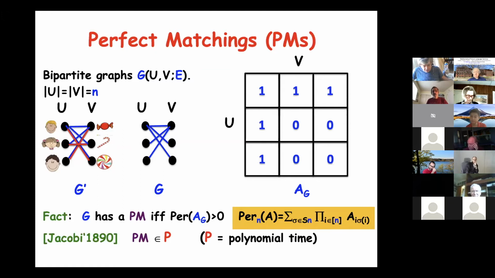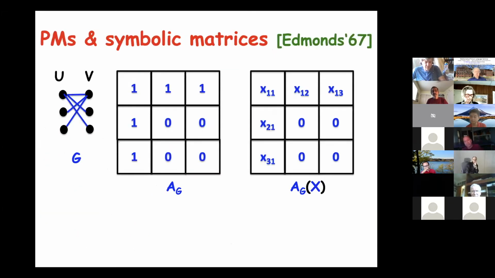So Edmonds suggested a very different algebraic representation of this problem, which is the following. He suggested that we replace every 1 in the matrix by an independent variable. In position ij, if you had a 1, you put a variable xij. So now the matrix becomes a symbolic matrix, and I'll call it A_G of x.